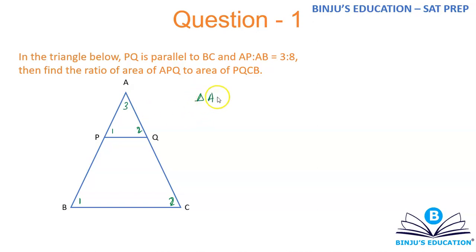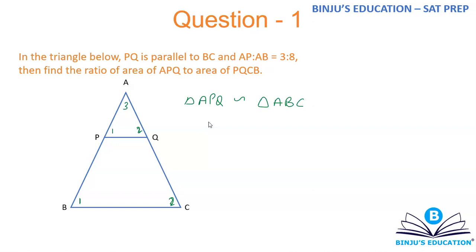So triangle APQ and triangle ABC, you can prove the two triangles similar since the three corresponding angles are equal.